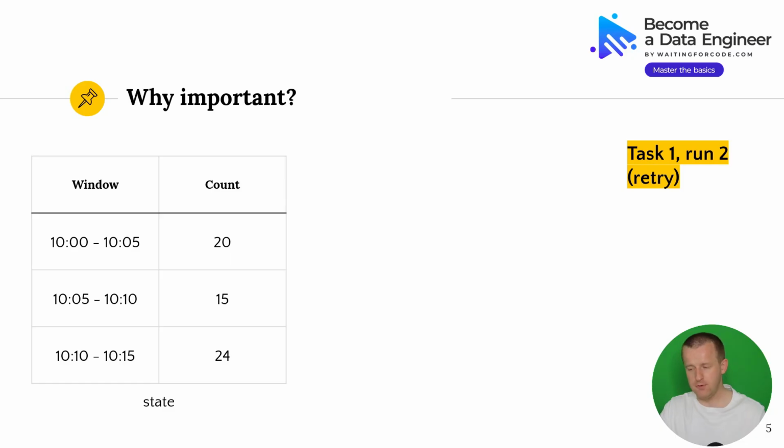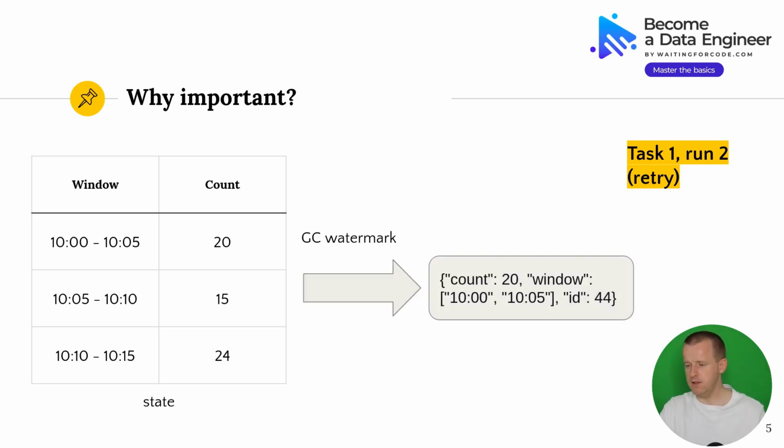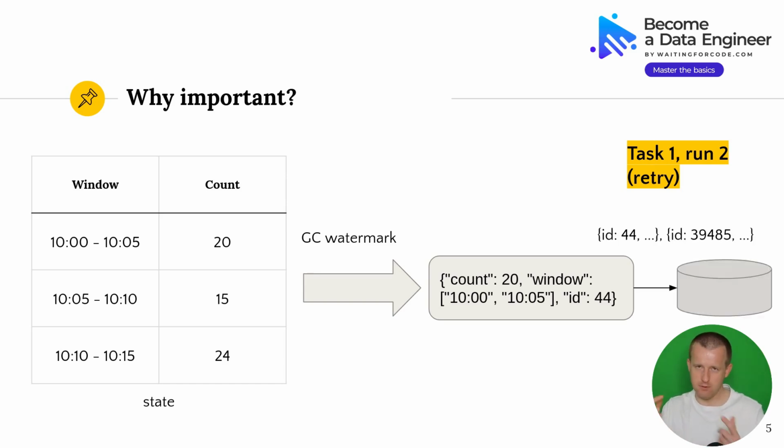Now unfortunately our task, or our full micro batch, or full unit of execution, failed, and we need to retry this task. So again, there is the GC watermark, and since the ID is not deterministic, it is a random value, we have something different, and in the database we will have two records representing exactly the same thing.